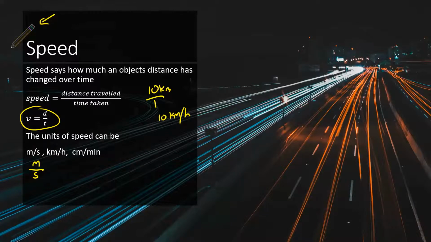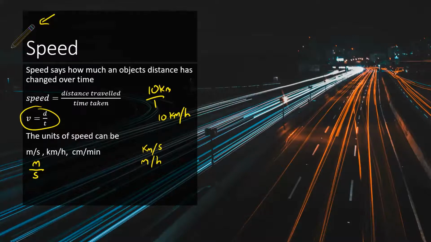You can have kilometers per second if something is moving super fast, like a subatomic particle. Or something really slow, like meters per hour, which could be the speed of a snail or a tortoise that only goes 1 meter every hour.